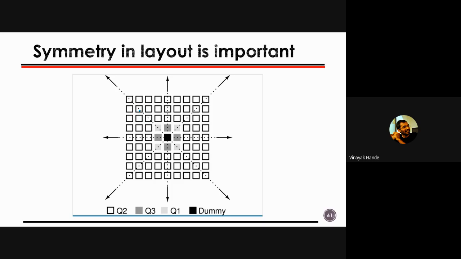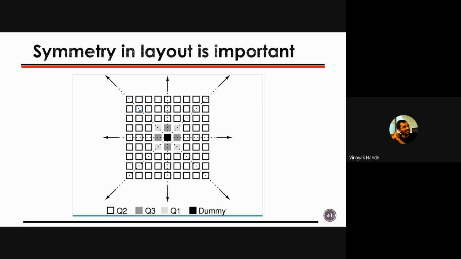But again, while putting the dummy, you have to tell the layout engineer if your circuit designer is not doing this dummy thing, or in fact the opposite, the layout designer will tell you that he has put that dummy into that, so that you have to add that into the circuit.